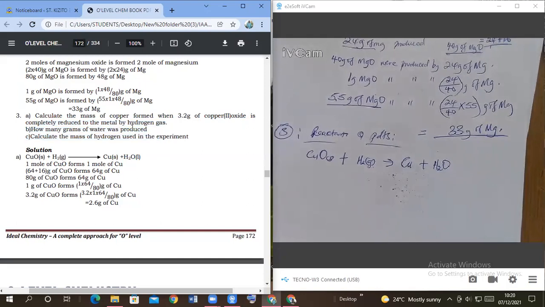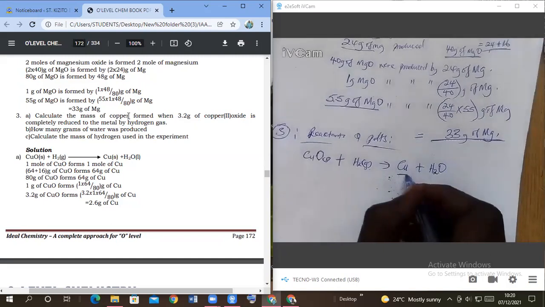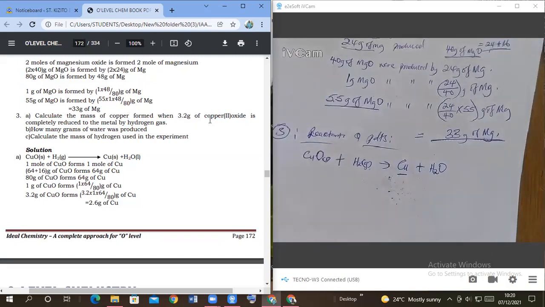You read the question carefully: what is the mass of copper formed? They want the mass of this when 3.2 grams of copper oxide is completely reduced by hydrogen. That means the two reactants were copper oxide and hydrogen gas. So when they reacted, copper oxide was reduced to copper metal, and the hydrogen became oxidized to water.